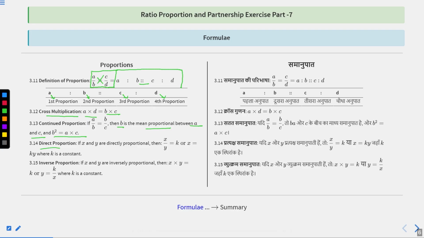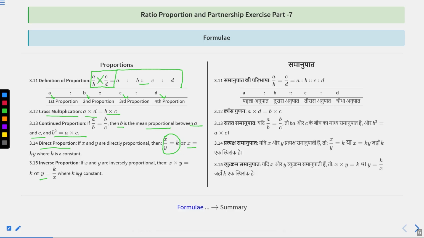So direct proportion: if X and Y are directly proportional, then we can write X upon Y equals K, where K is constant. So we can write it in another form, X equals KY. Clear? Where K is constant. In the same way, inverse proportion: if X and Y are inversely proportional, then X into Y equals K. Again, K is constant, and in another form we can write Y equals K upon X, where K is constant.